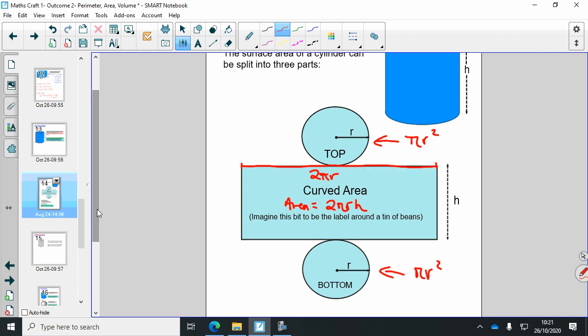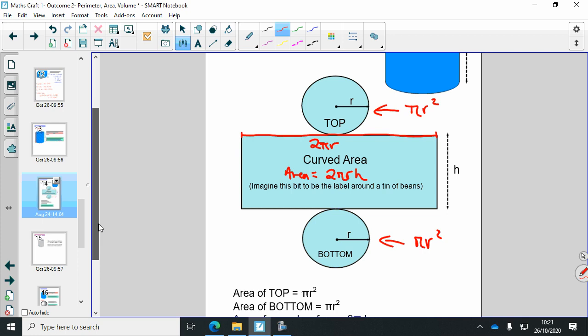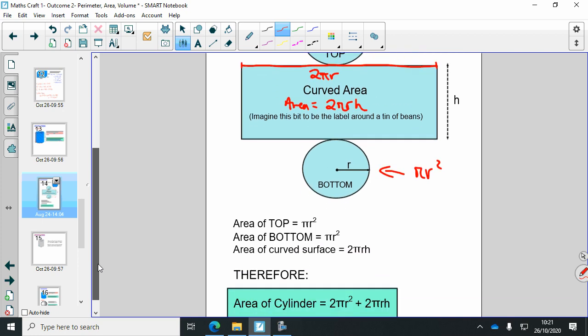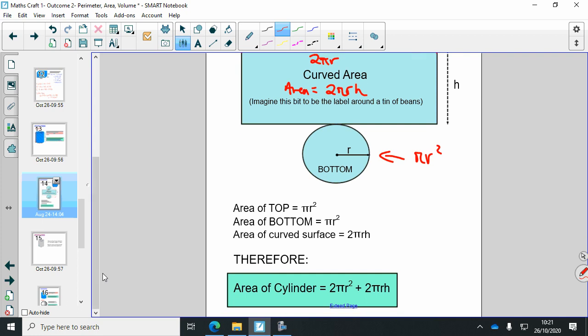So we get these two separate bits. So the area of the top, pi r squared, area of the bottom, also pi r squared, and the area of the curved bit is 2 pi r h. So we get a total surface area of the cylinder of 2 pi r squared plus 2 pi r h. Now, you might be asked for the total surface area of the cylinder, or you might be just asked to find the curved bit.